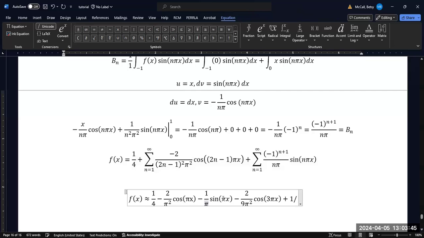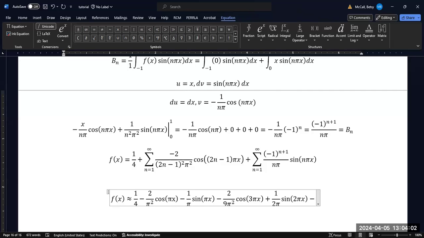This was a 1, and so this is a 2 pi sine of 2 pi x.